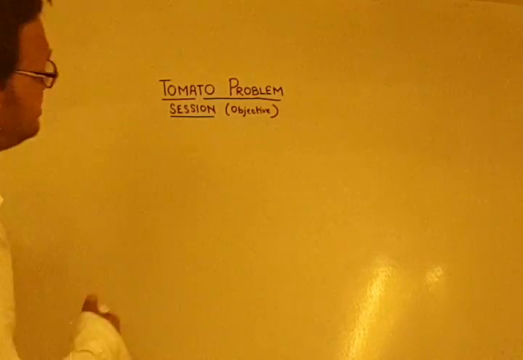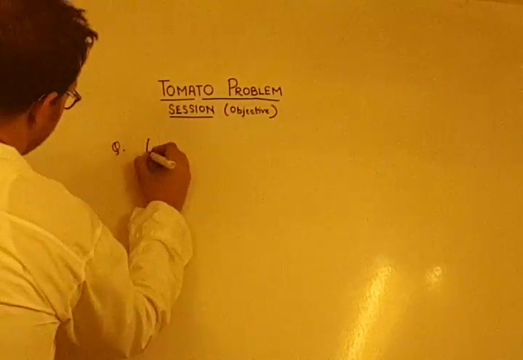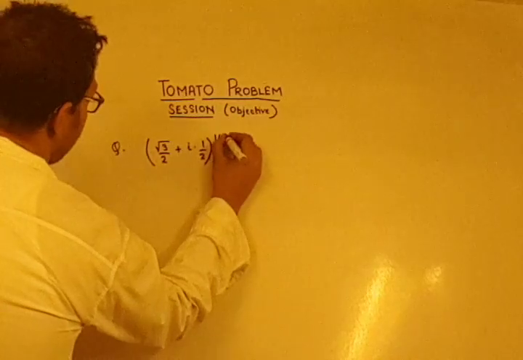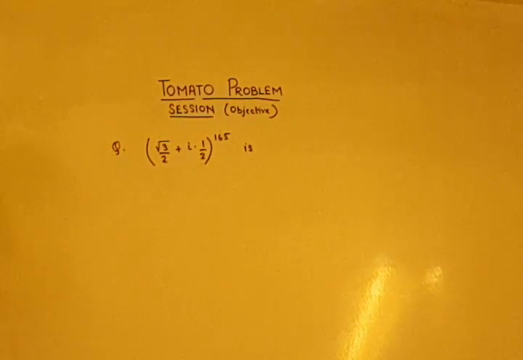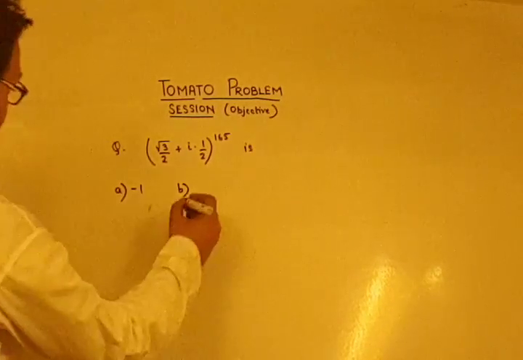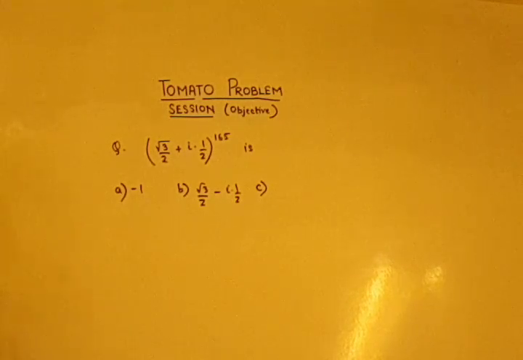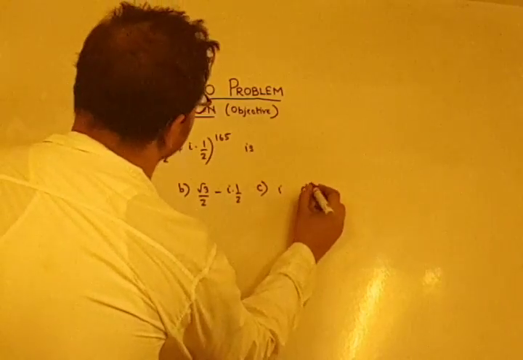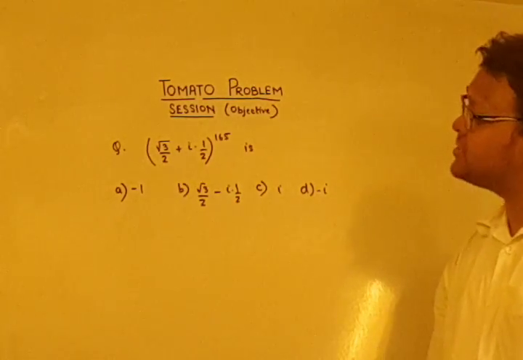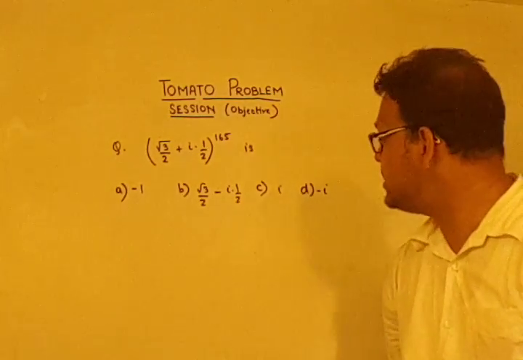So the next question here. Okay, so this question is from Tomato and it says that the value of this is... Options: A is -1, B is root 3 by 2 minus iota by 2, C is iota and D is minus iota.